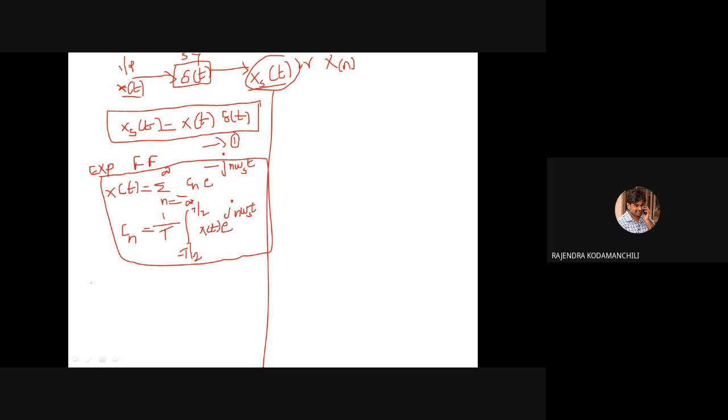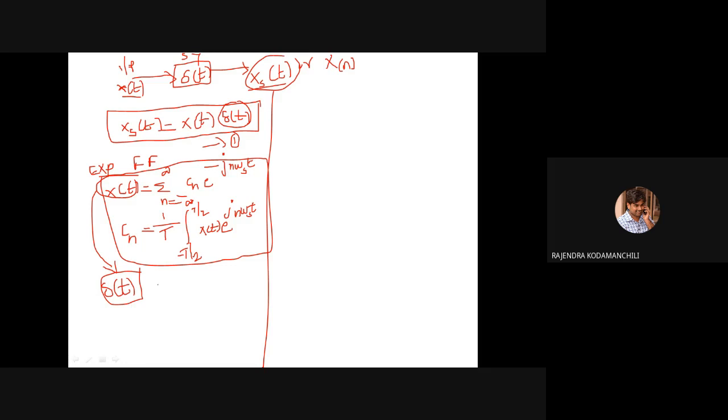Now I try to apply the exponential form of Fourier series to the impulse signal. Wherever x of t is there in the exponential form, x of t is replaced by del of t, because here we are applying Fourier series to the impulse signal.